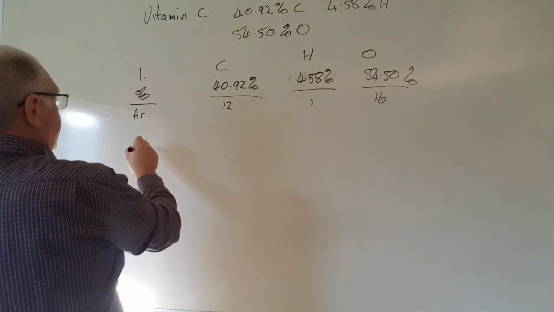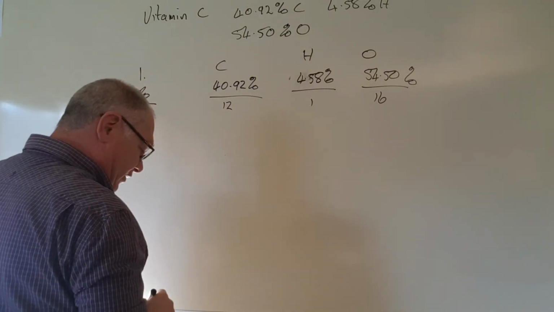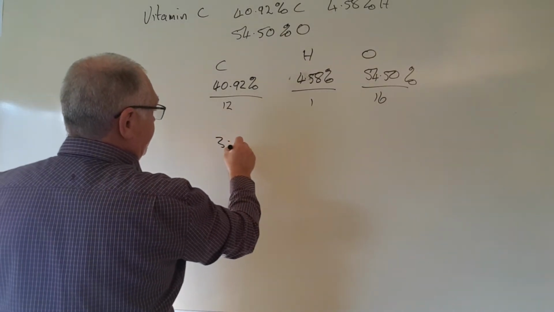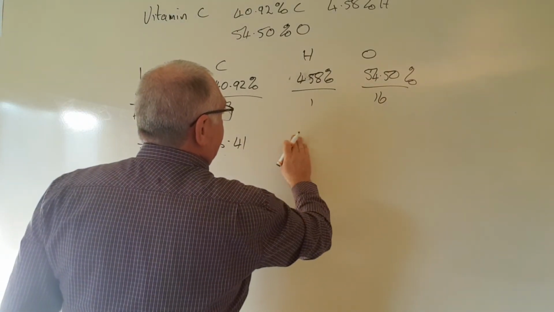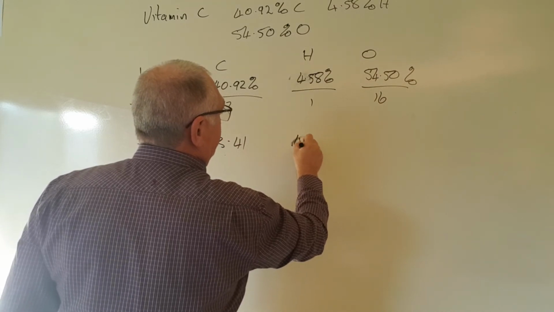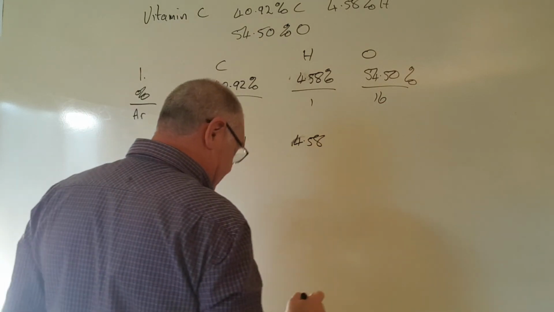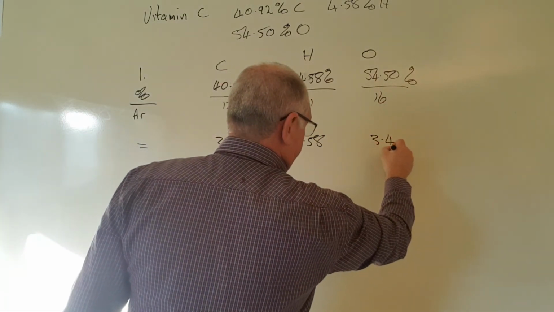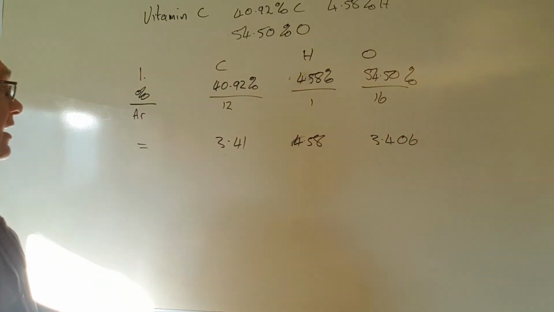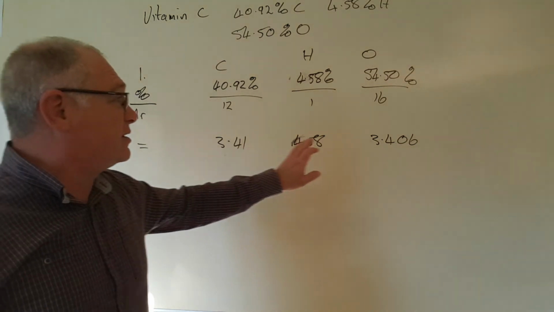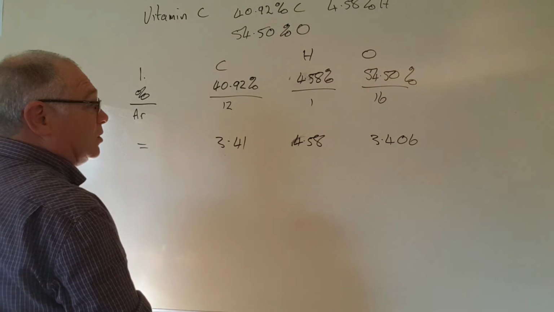When we work out the product, 40.92 over 12 is 3.41. 4.58 is about 4.58. That's an easy one. And 54.5 over 16 is 3.406. So we're going to take the smallest of these, and you'll notice that these two are about the same. So I'm going to take the smallest one.